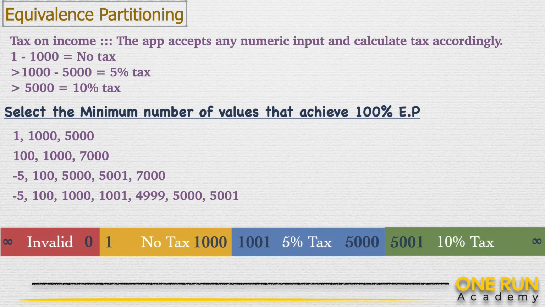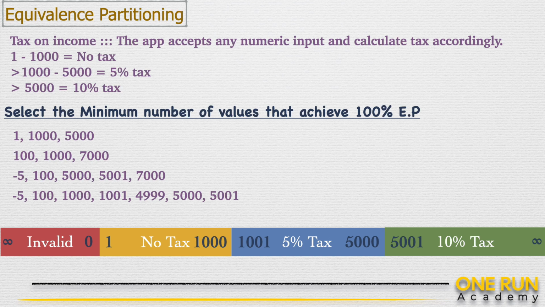If you have identified 3 partitions only, it means you have probably forgotten to include the invalid partition. Remember, the app can accept any numeric input. So practically, there is nothing that can prevent the user from entering 0 or any negative number.